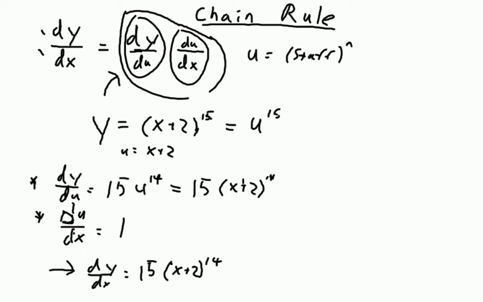Now, for some of these, it may not be convenient to always have to write out the u. You don't have to write down something this formal every time. What you may write looks something more like this.